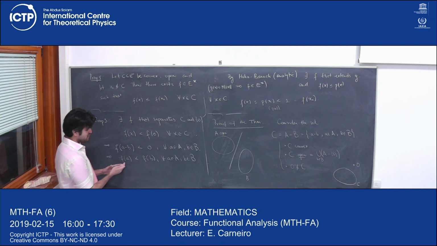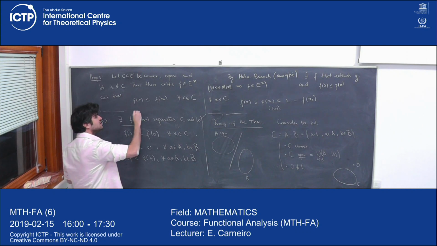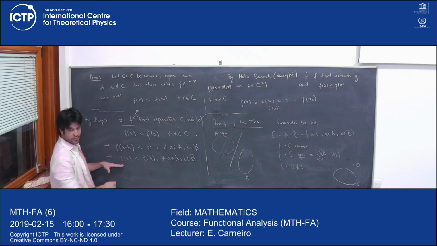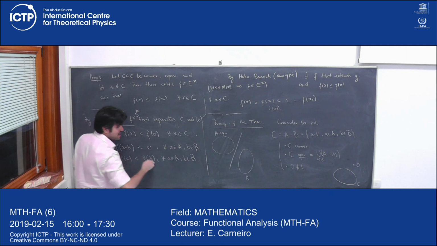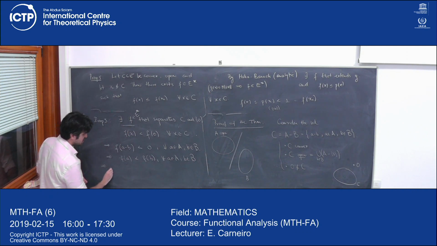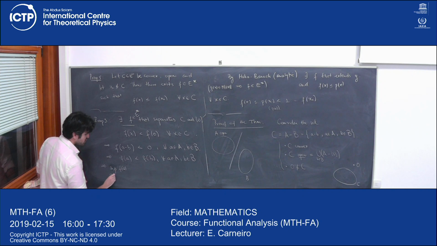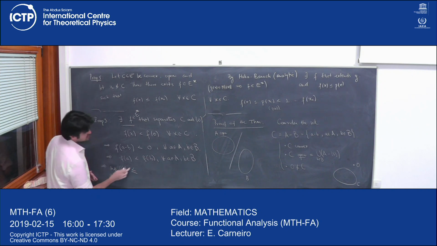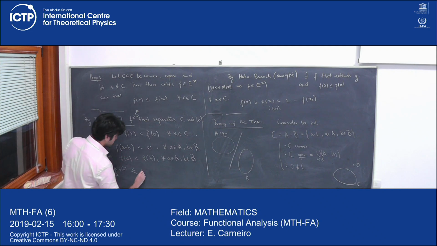So if you have an inequality, f of a less than f of b, there exists this nice function in the dual that has this property, for any a in A and any b in B. You're going to take the sup on this side and the inf on this side. This means that the sup of f of a, with a in A, is less than or equal to, we have to put less than or equal here because these guys could approach, the infimum of f of b when b belongs to B.